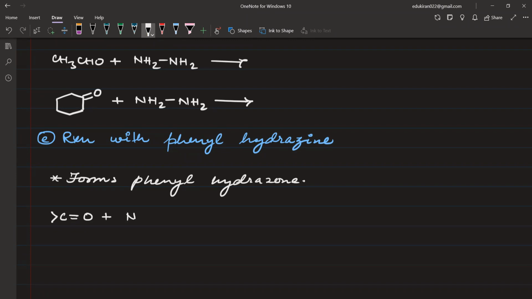C double bond O plus NH2, NH, phenyl ring.